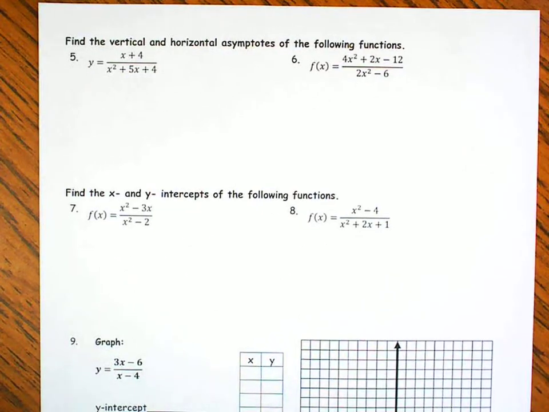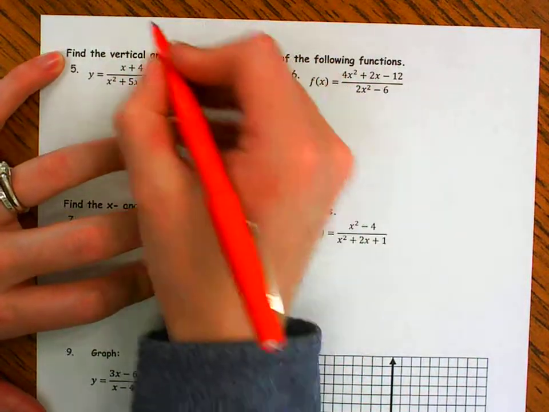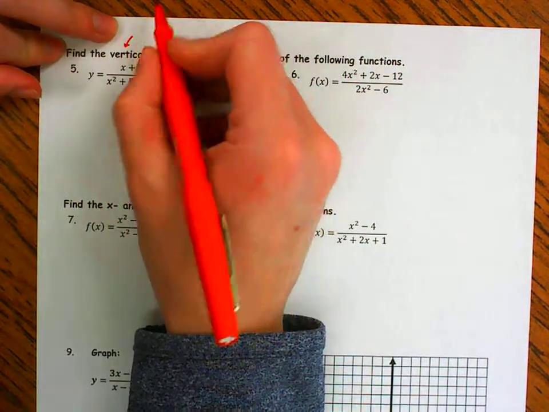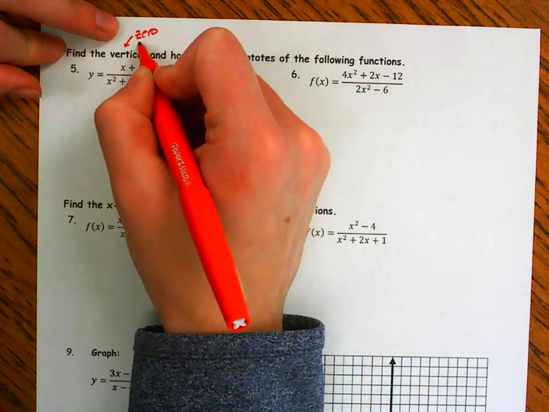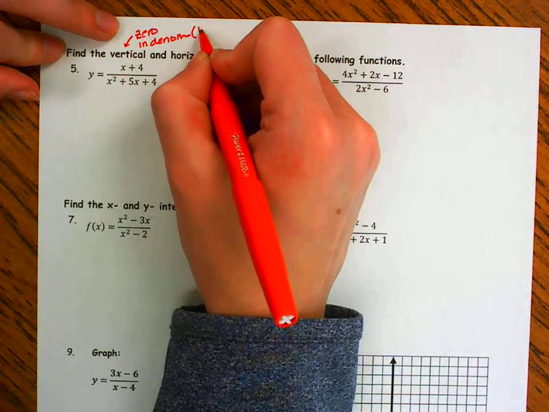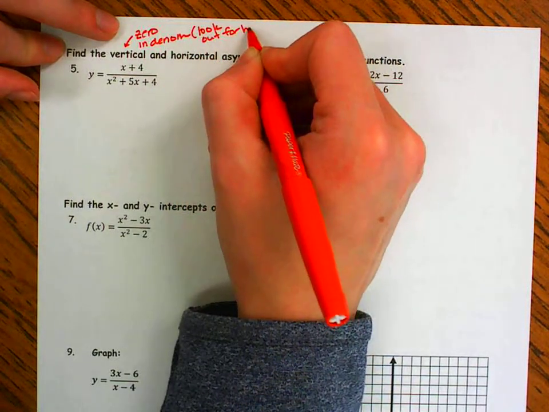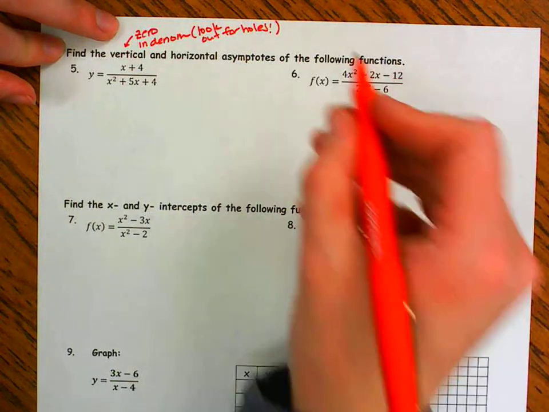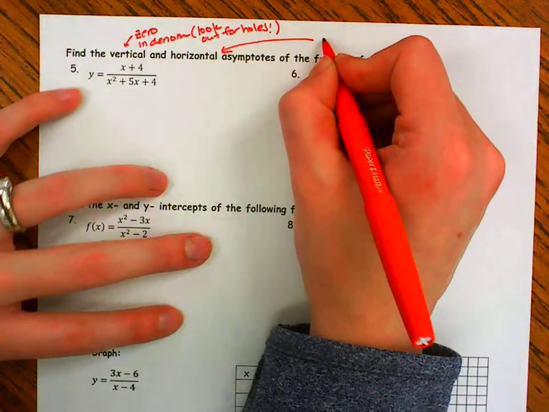Okay, we're looking for vertical and horizontal asymptotes. Just as a reminder, vertical asymptotes are places where you have a 0 in the denominator. But make sure you look for holes. Okay, and then horizontal asymptotes is your degree rules.